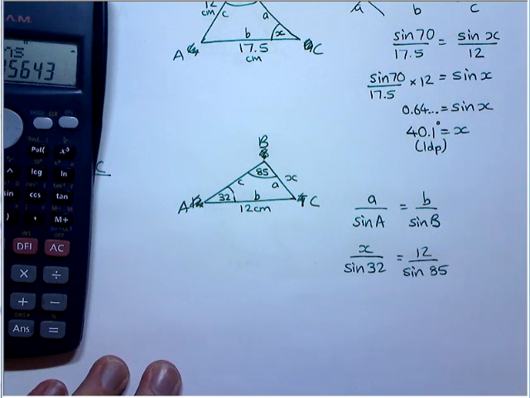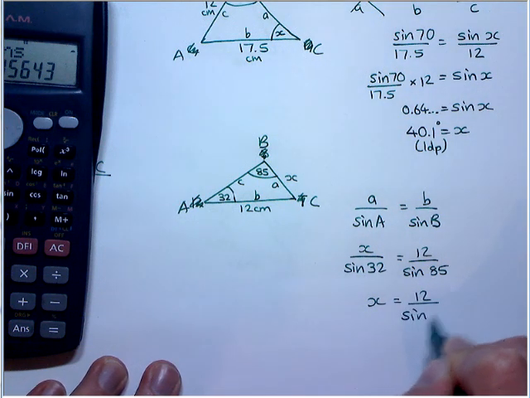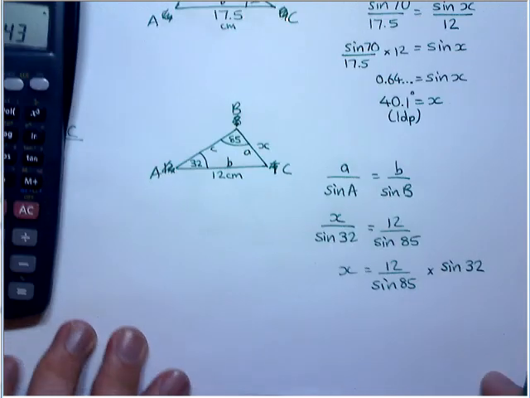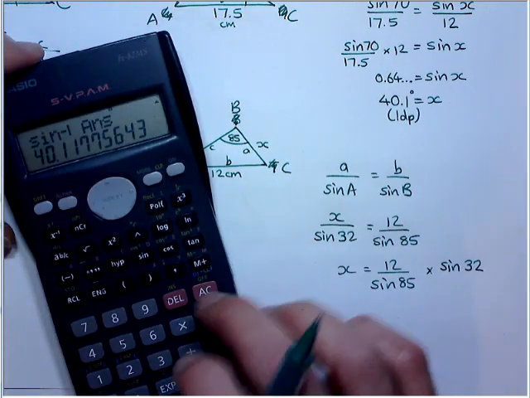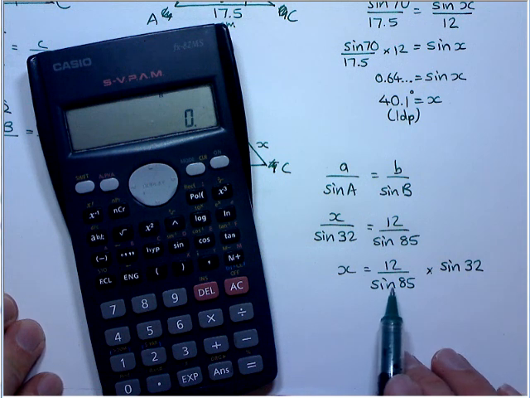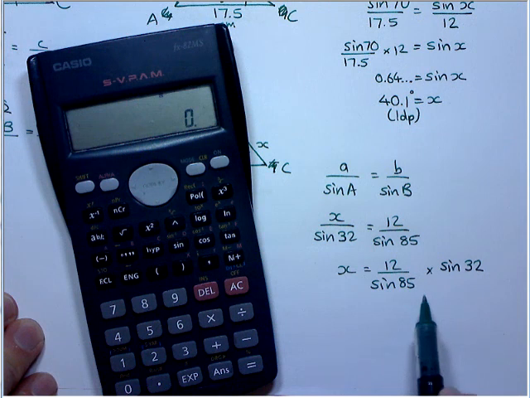So we just put the numbers in. Now to get X on its own, I have to times by sine 32, because it's being divided by it. So 12 over sine 85 is being multiplied by sine 32. Now, what I prefer to do here is, some modern calculators, not like this one, this is old, open a bracket and it can get a bit confused.